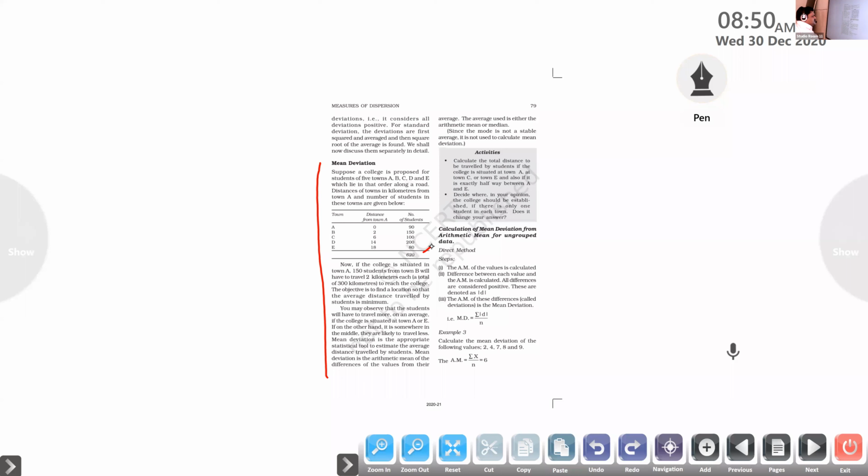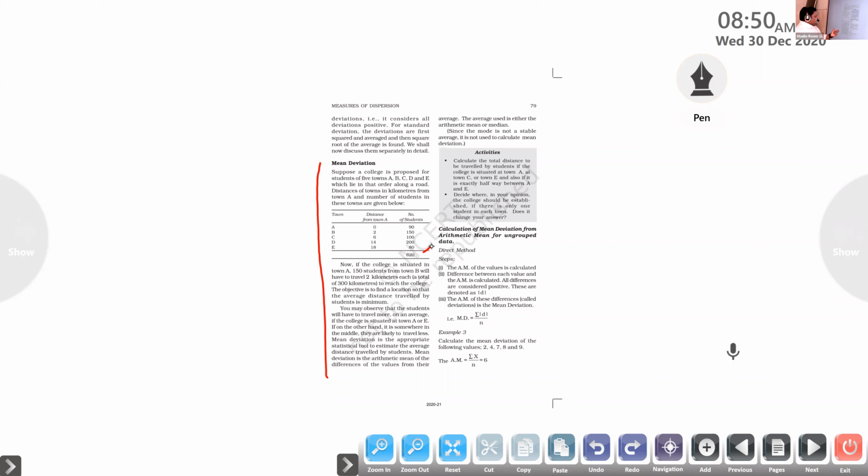Yes or no? The same problem will be there. On average, if the college is situated in town A or E, students travel more. If, on the other hand, it is somewhere in the middle of these towns, A, B, C, D, E, they are likely to travel less, and we are able to reduce the distance of traveling.